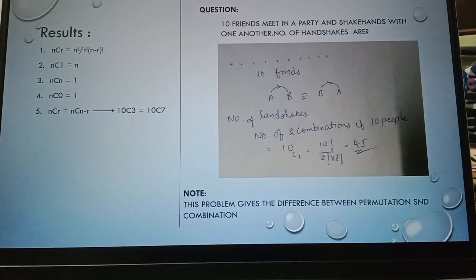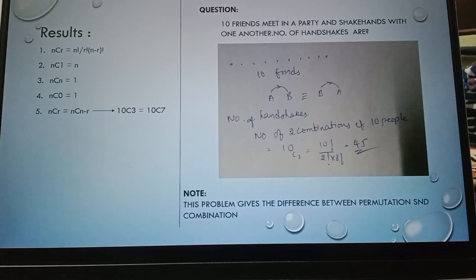If there are two persons shaking hands, A shaking hands with B is equivalent to B shaking hands with A, right? Similarly with all 10 friends, so the number of handshakes equals the number of 2-combinations of 10 people, that's it, 10C2. Both are equivalent, right? So that's why we are choosing combinations in this problem.